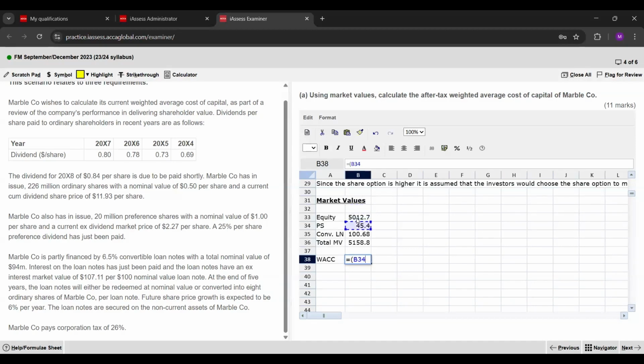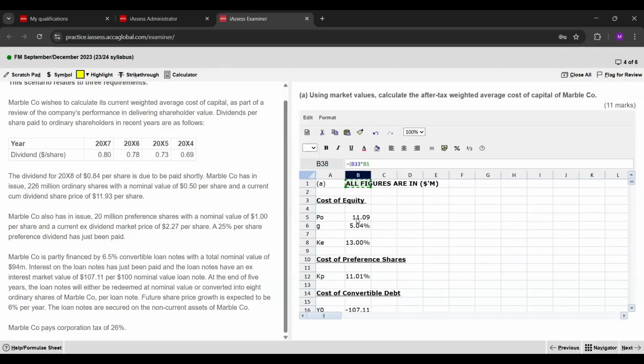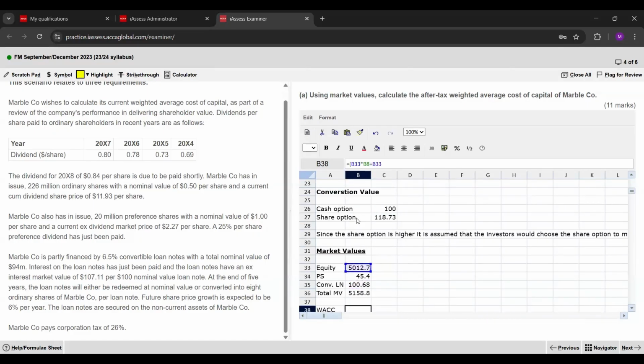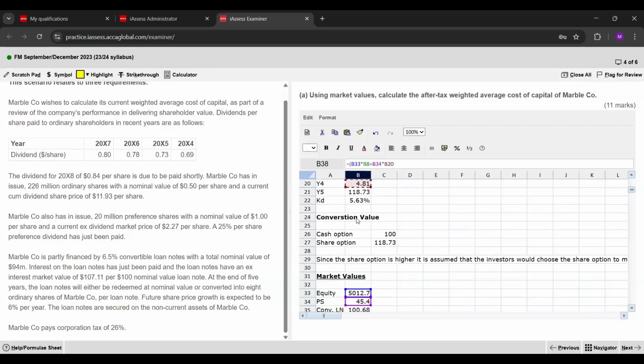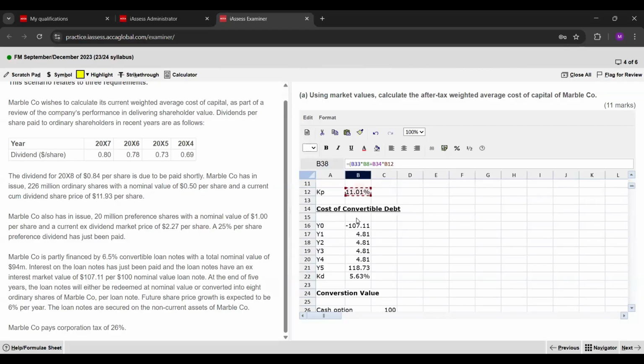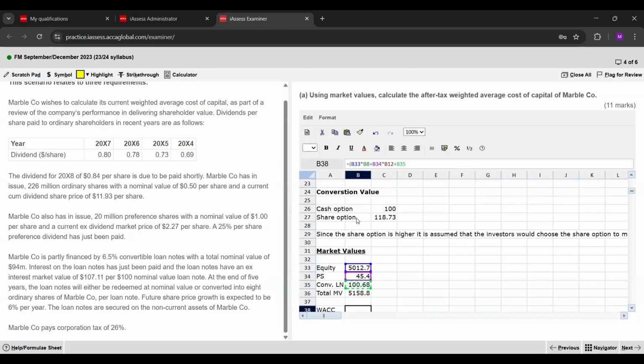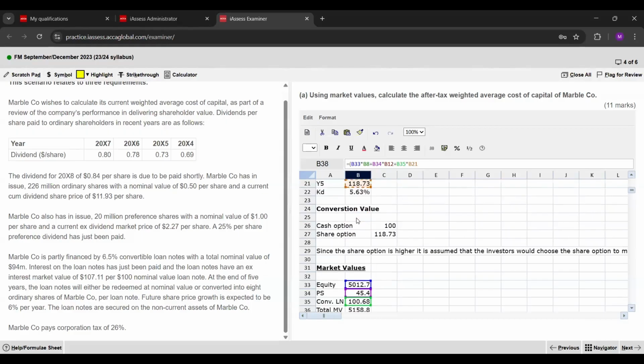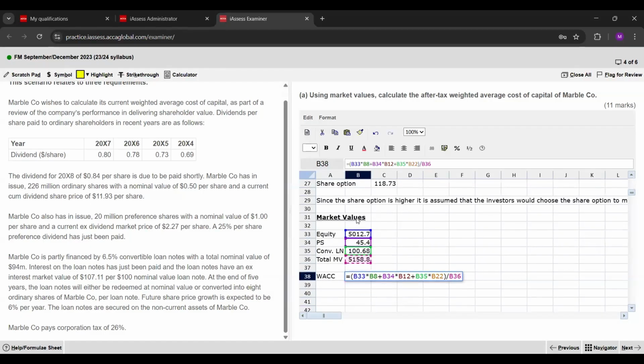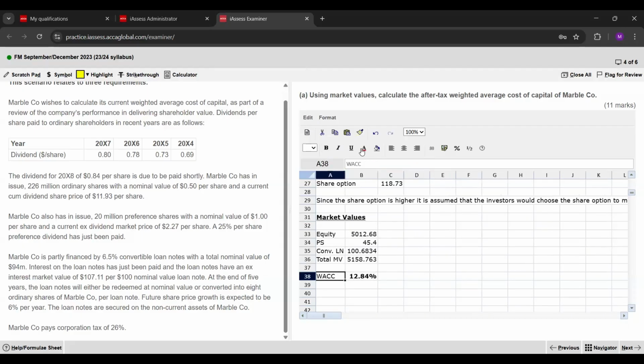Market value of equity into the KE, plus market value of preference shares into the KP, plus market value of convertible loan notes into the KD, divided by total market value. Okay, that's your answer.